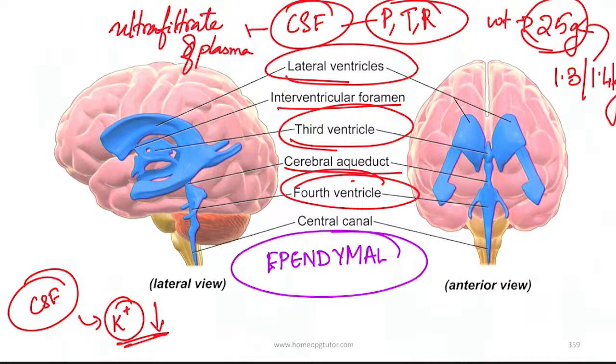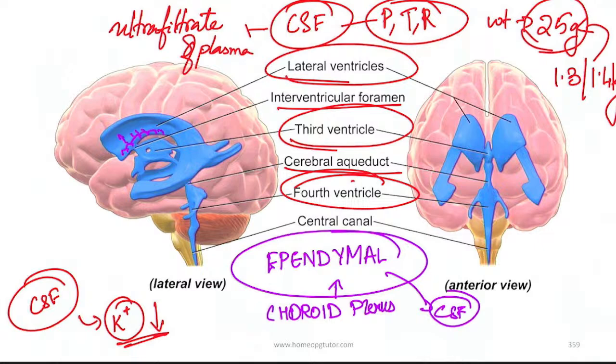This choroid plexus has these ependymal cells, which are responsible for the production of CSF. So these ventricles are lined by these ependymal cells which produce the CSF, and CSF will circulate within the ventricular cavity, within the cerebral aqueduct, within the central canal. That is how it occurs.